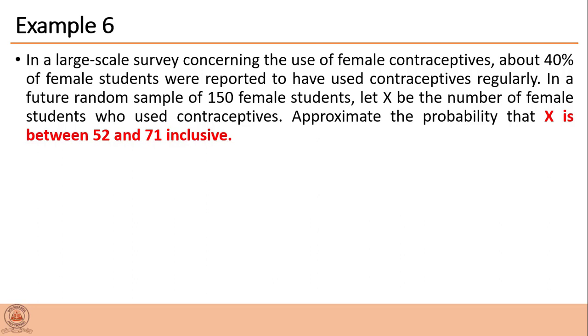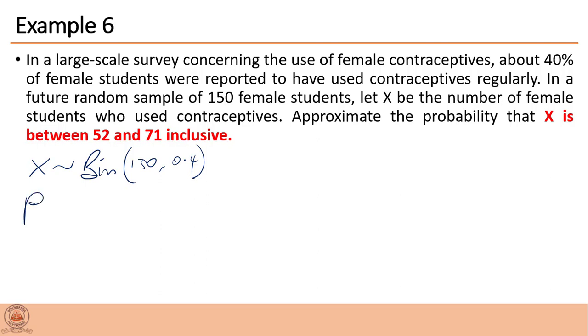So first we are to estimate. This is a binomial case. So we have X is binomial with 150 trials and the probability of success equals 0.4. So we simply want to use the normal distribution to approximate this answer.